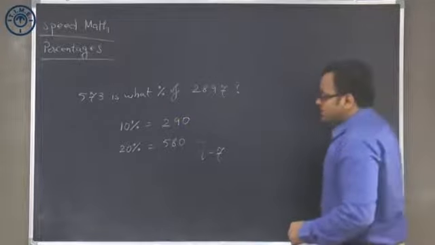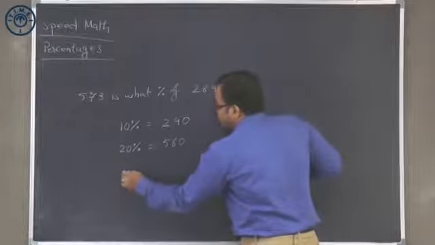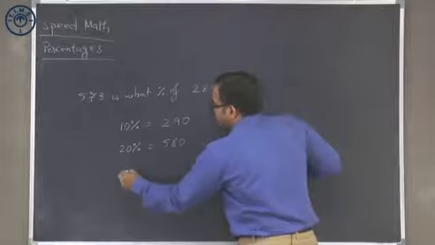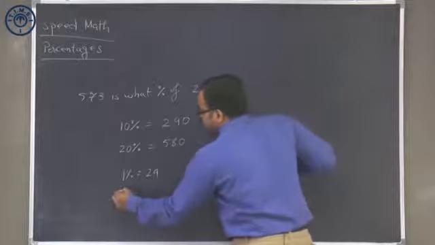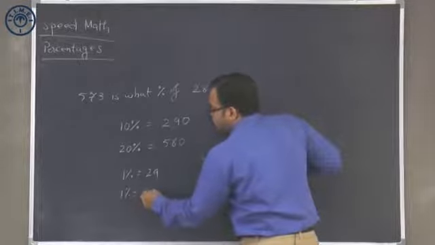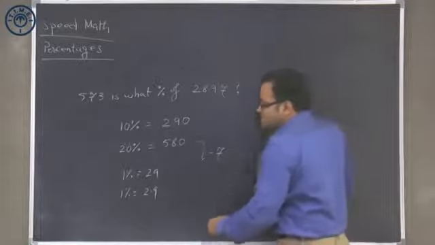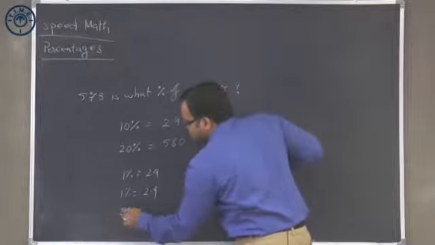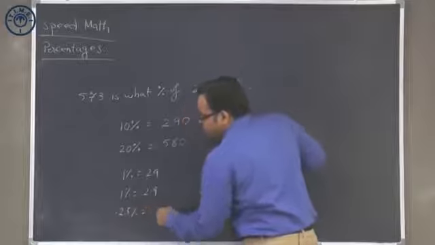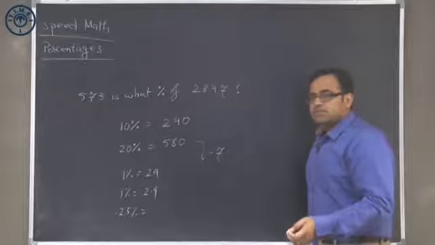To come down by 7, what we say is that if 10% is 290, 1% is equal to 29. If 1% is 29, so 0.1% will be equal to 2.9. If 0.1% is 2.9, to get 7, I will need to do 0.25%. 0.25% will be equal to 30 into 25 is 75.